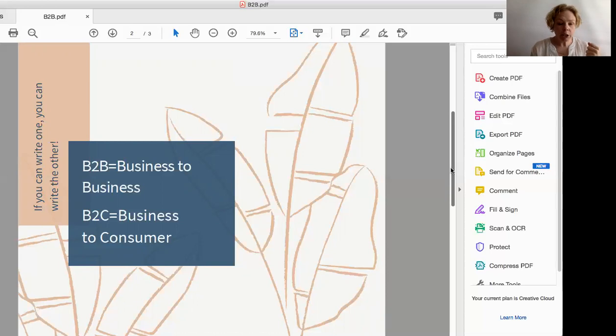There's not going to be as much research needed for business to consumer. But if you're a writer with skill, you can adapt to do either style of writing. Just like you can adapt to take on the voice of a different client, you can adapt from business to business to business to consumer. So if you are applying for a job, you'll want to target yourself based upon what the employer or the agency is asking you to be.